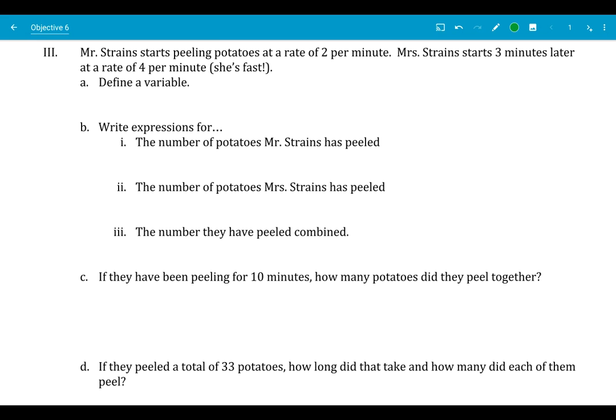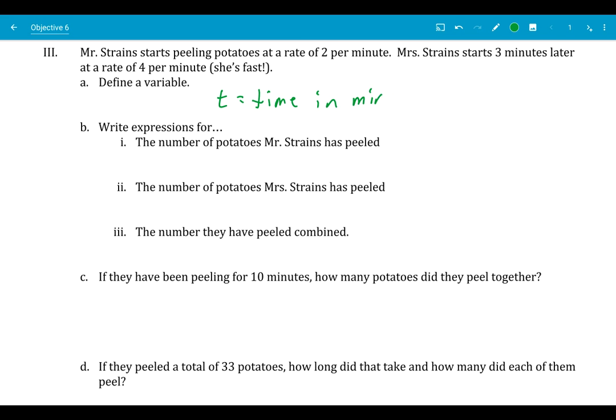We don't want to define potatoes as the variable, okay? Because we want to define, if you're familiar with the science term, the independent variable. So we want to define maybe t equals time in minutes, okay?